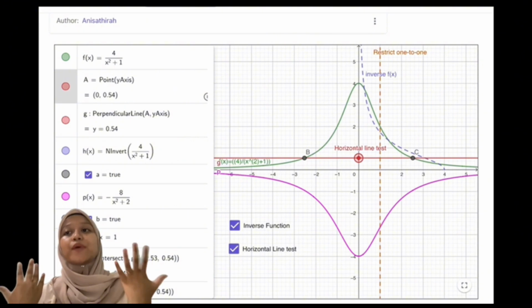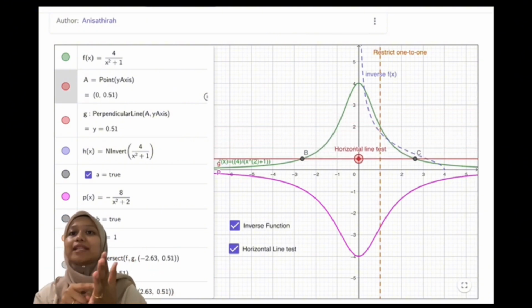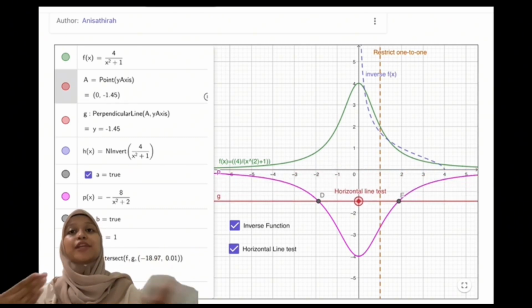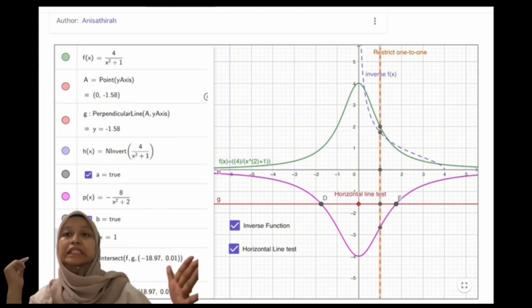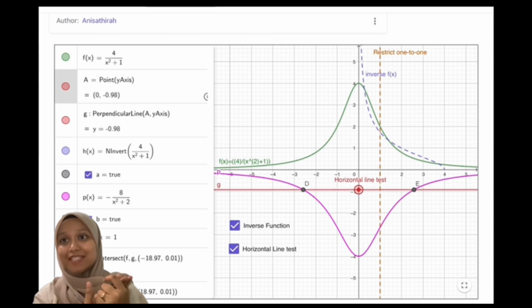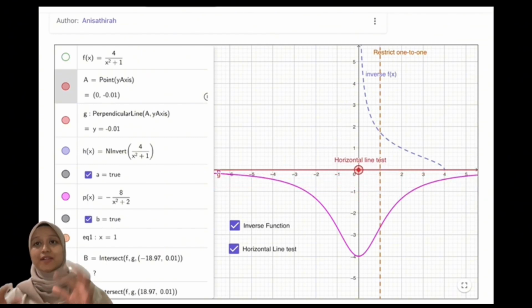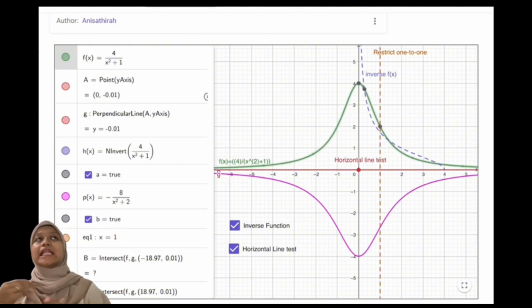But if you want to see only the intersection, you can turn on the checkbox. So you will get the accurate value of each intersection when you click the checkbox, shown clearly on the GeoGebra. For the graphical test for one-to-one, draw a horizontal line that intersects the graph of the function at most once. It proves it is a one-to-one function.